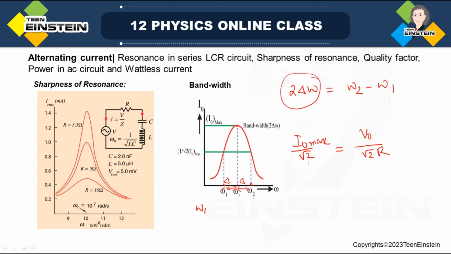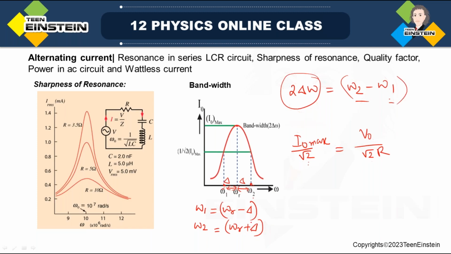So omega 1 is the resonance frequency omega r minus some delta value, and omega 2 is omega r plus some delta value. Now if you take omega 2 minus omega 1, this difference is actually 2 delta.